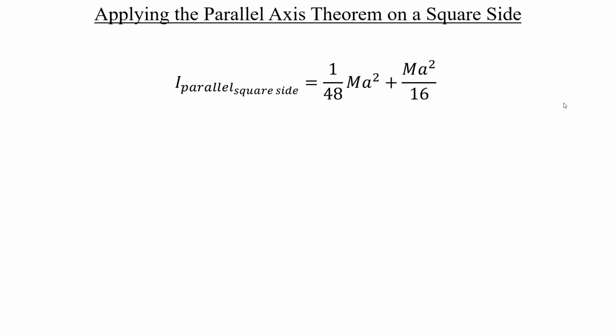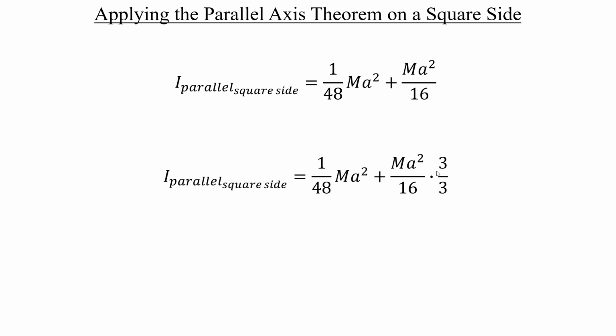And to find that, we're going to take the least common multiple of 16 and 48, which is 48. So let's multiply this term here by a special form of 1 to also get it into a denominator of 48. We'll multiply it by 3 over 3, and so now they have the same denominator, and they can be added together nicely.